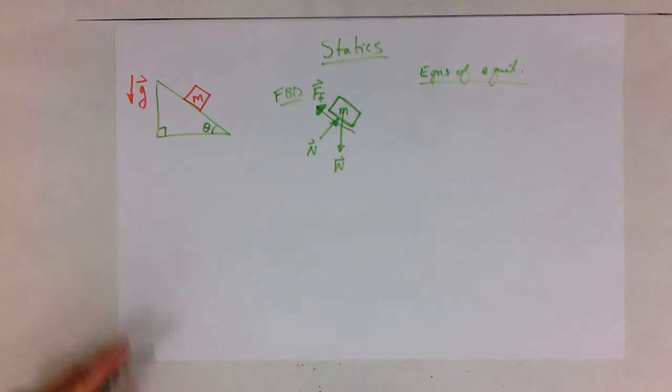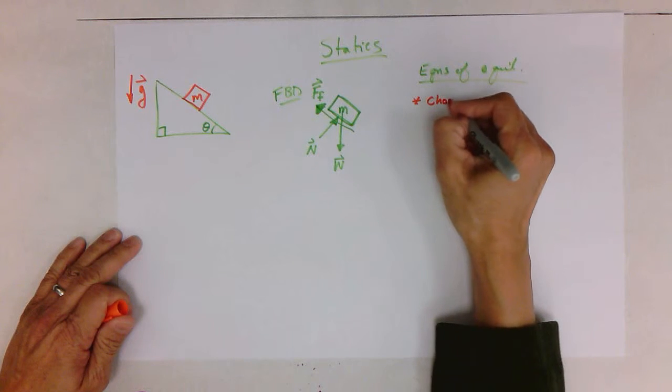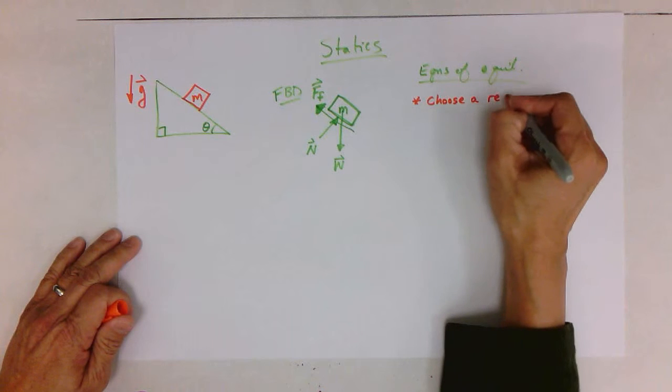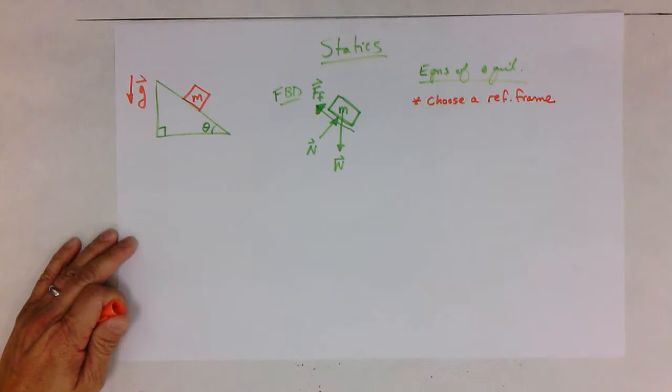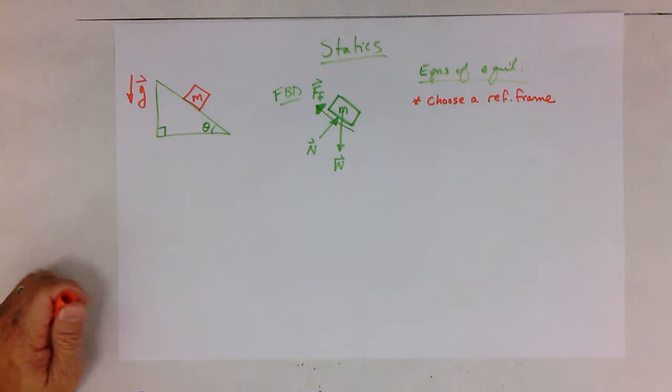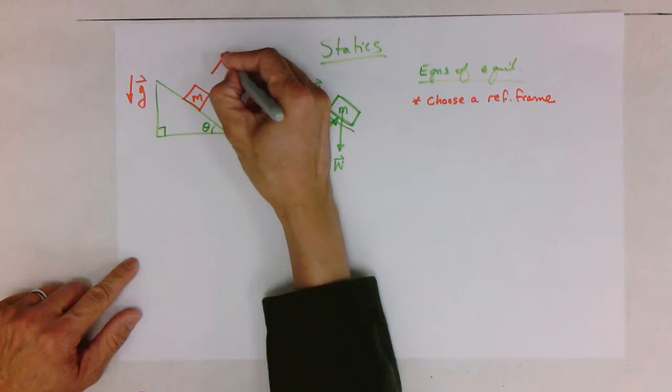Okay. So one of the key first steps is to choose a reference frame. We're writing vectors, we're going to take components, we need to do everything relative to a reference frame. So for convenience, let's try this.